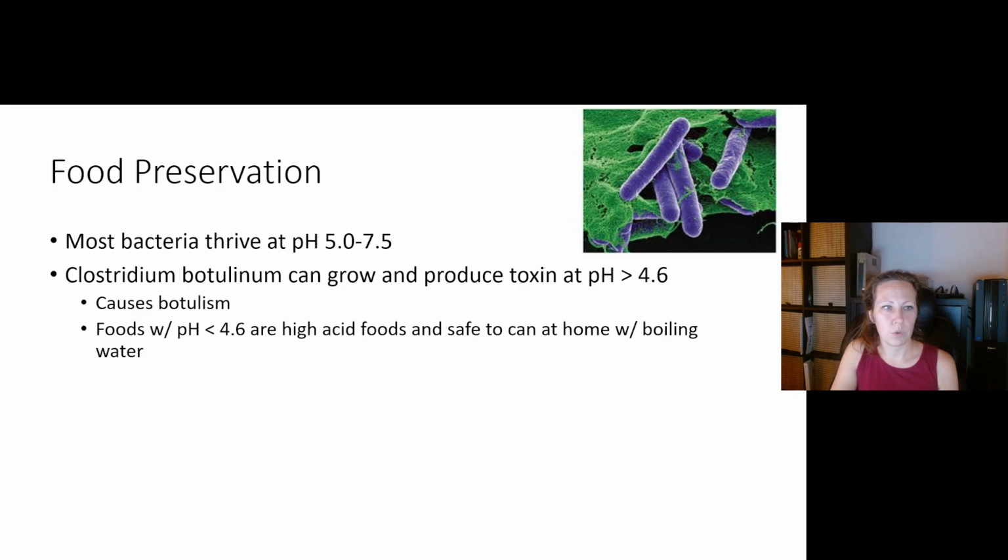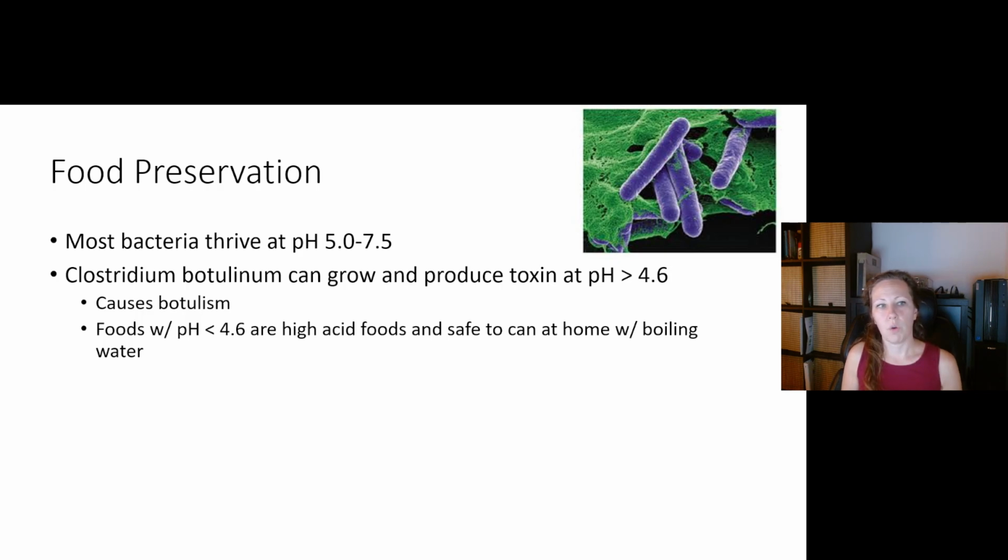Foods with a pH less than 4.6 are considered high acid foods. And so no matter what, even when you take all the air out of it, as in canning, the botulinum bacteria is not going to like it. It's not going to get happy and come out of its spore form and produce that toxin.